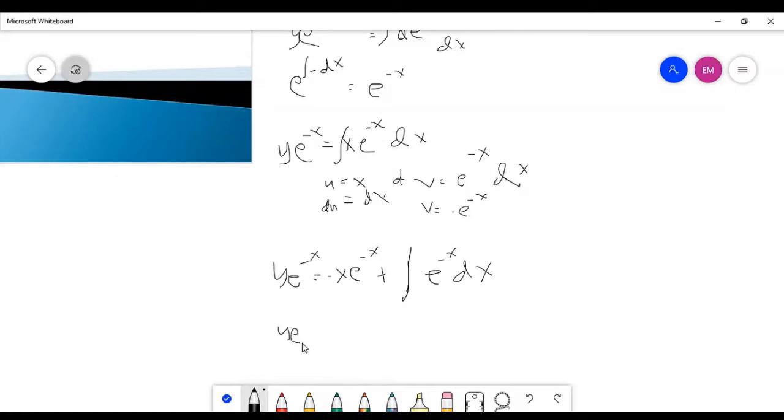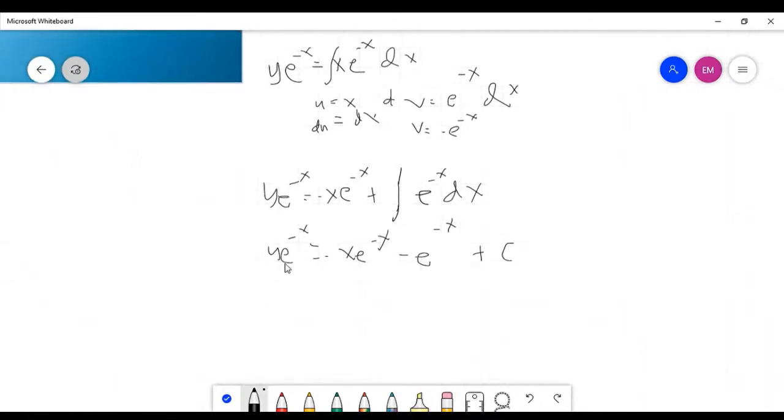So, y e raised to negative x is equal to negative x e raised to negative x. The integral of this one is negative e raised to negative x plus c. However, all of them have e raised to negative x, so we can divide the whole equation by e raised to negative x. As a result, your y is equal to negative x minus 1 plus c e raised to x, which becomes positive.